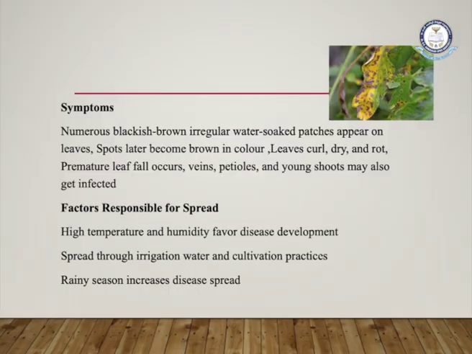You have to keep one thing in mind: the primary transmission agent of the infection is soil. Secondary are irrigation and cultivation practices, which we have already discussed in previous classes. These two are very important in transmission.